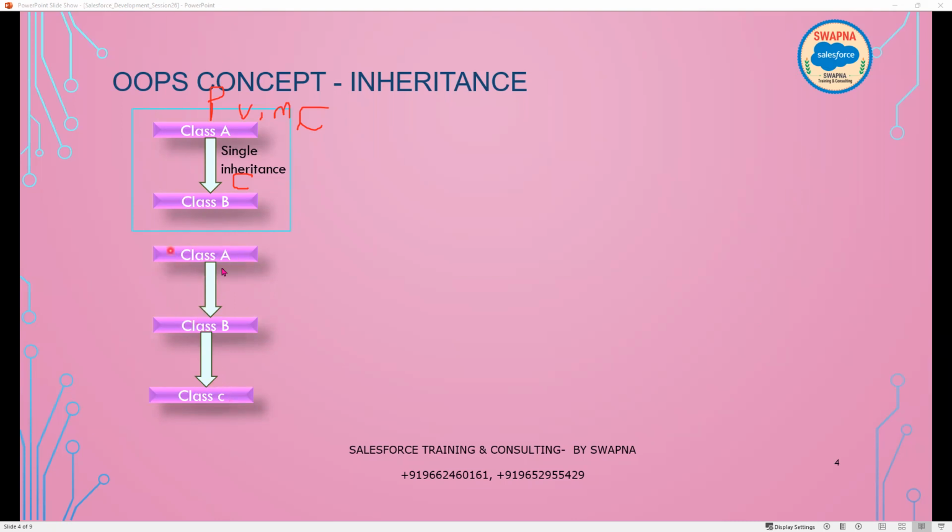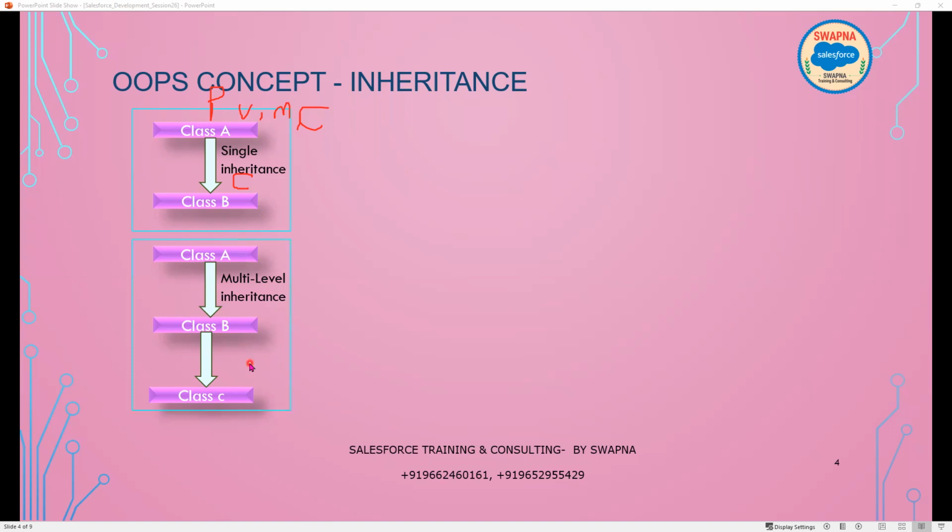So class A's properties or variables are passed to class B and class C. There is no end; you can go as far as you want, so the property keeps going down. You have one parent and below that a single child: A has a single child B, B has a sub child C, and C might have another child, class D. When we pass the behavior from the parent to the grandchild, it is called multi-level inheritance.